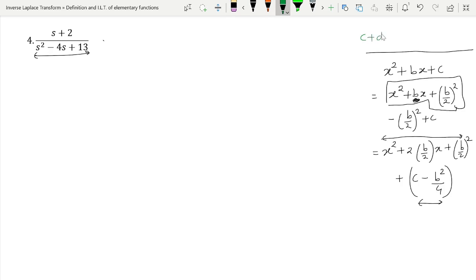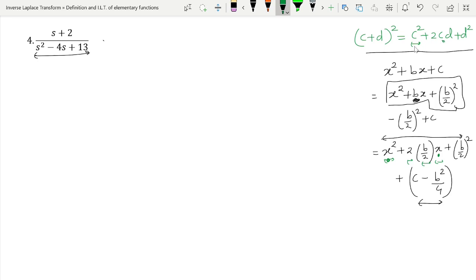So c plus d square is nothing but c square plus twice cd plus d square. Now x square is there, over here c square is there, no issues. Twice ab is also there. Okay, so you can see that x is present over here, its square is here.